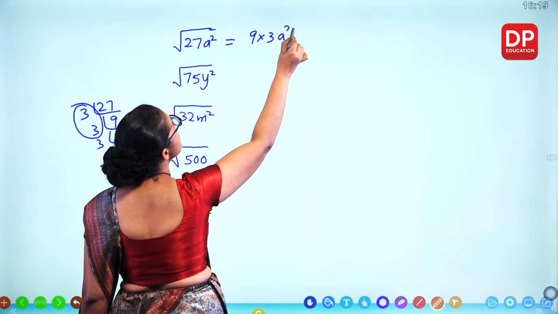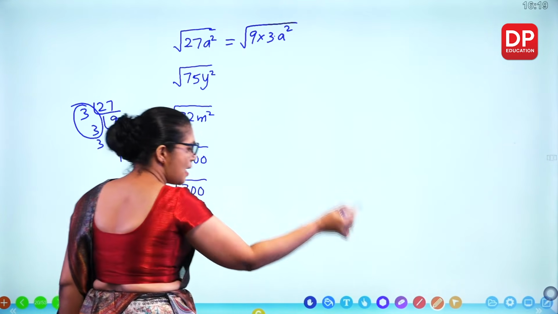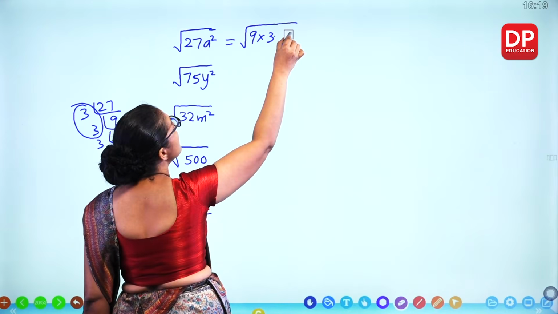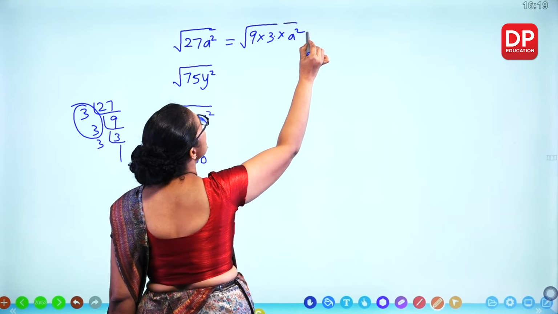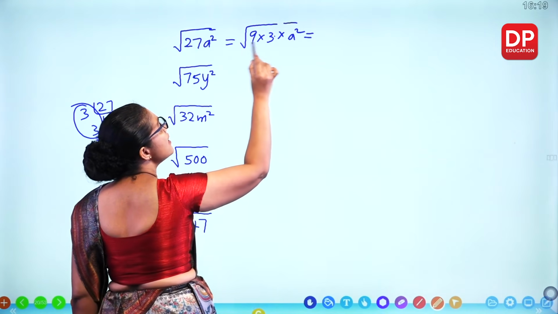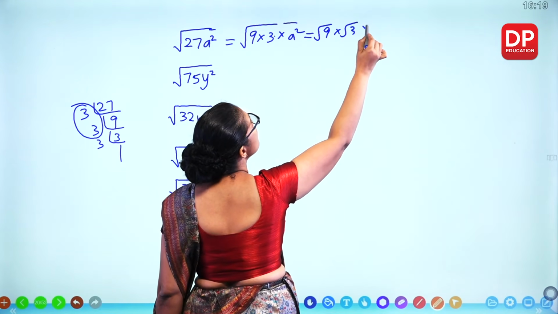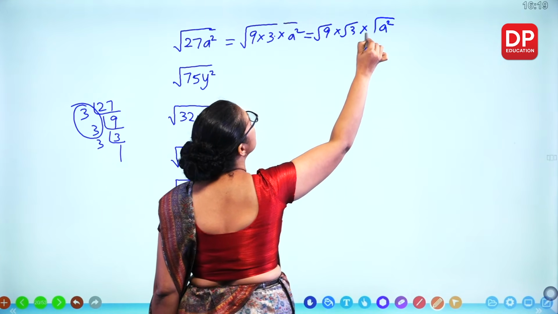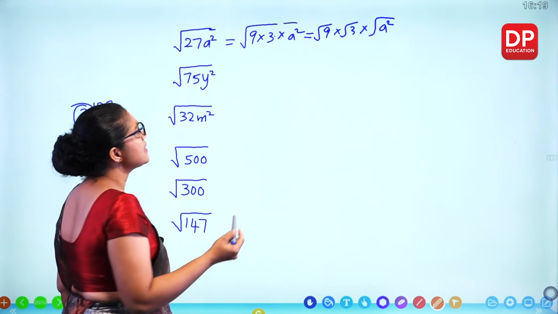And a squared is there. A also here I can write multiplied by a squared. Now I can take separately square root of 9, square root of 3 and square root of a squared. What am I getting? Square root of 9 is 3.